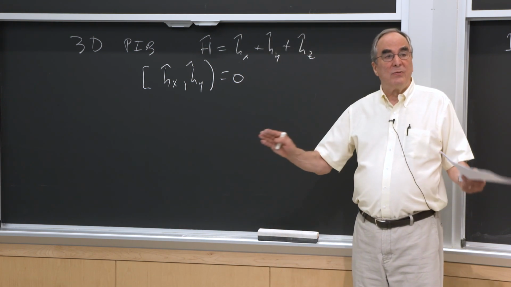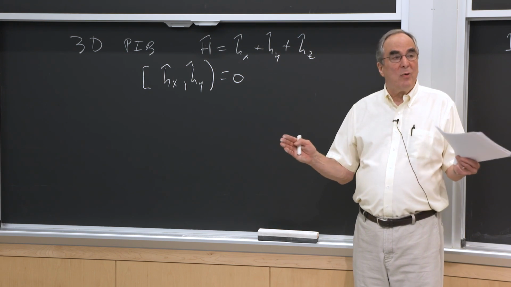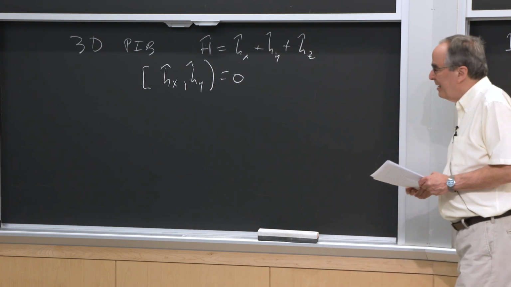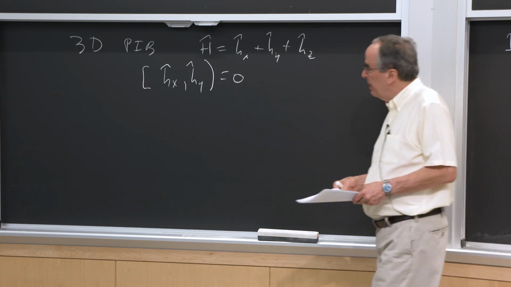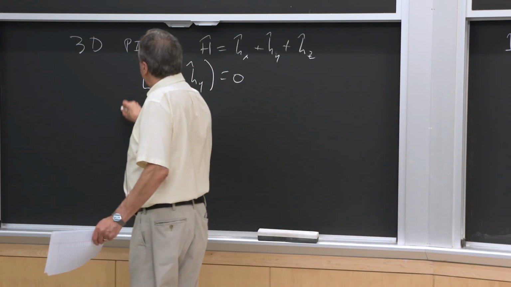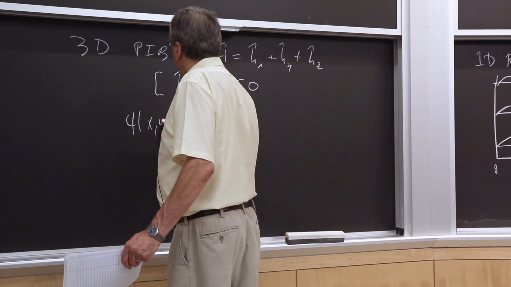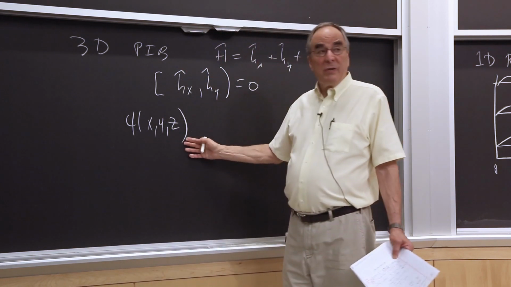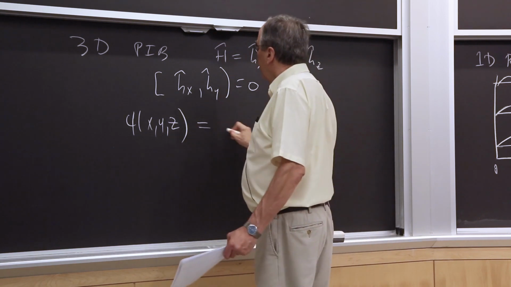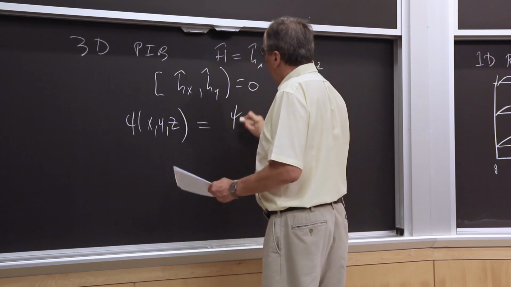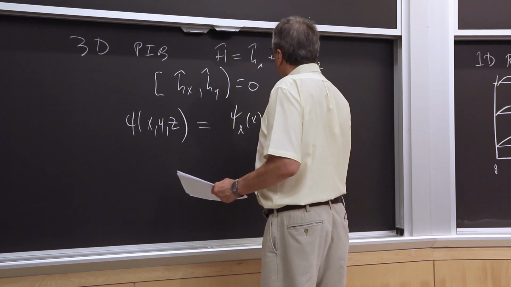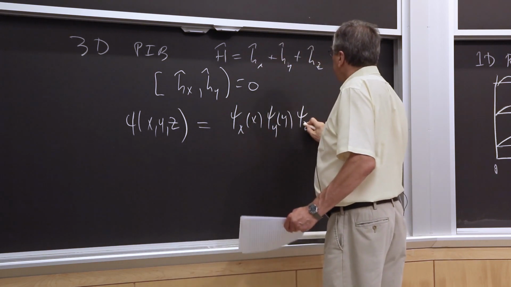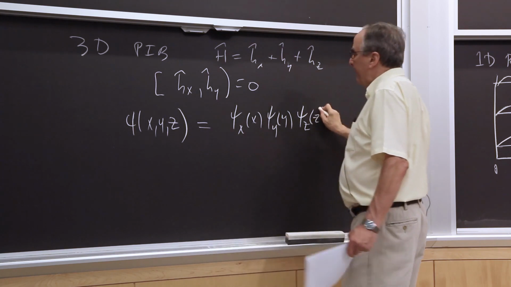Basically we say the x, y, and z directions don't interact with each other. The particle is free inside the box. It's just encountering walls. There are no springs or anything, expressing the number of degrees of freedom. And okay, so we have now a wave function, which is a function of x, y, and z, but we can always write it as psi x of x, psi y of y, psi z of z.